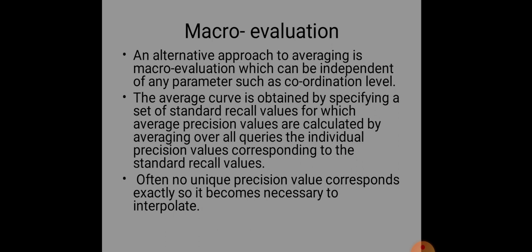So another alternative approach to averaging is macro evaluation, which can be independent of any parameter. This parameter may be coordination level or relevance score, like that. In averaging, what we do is we obtain a set of standard recall values for which average precision values are calculated by averaging over all the queries the individual precision values corresponding to the standard recall values.